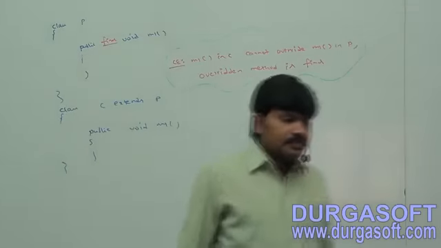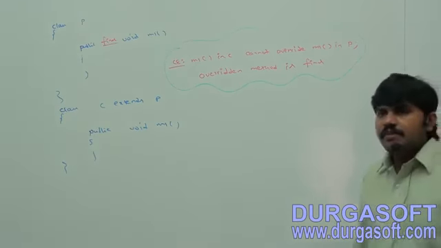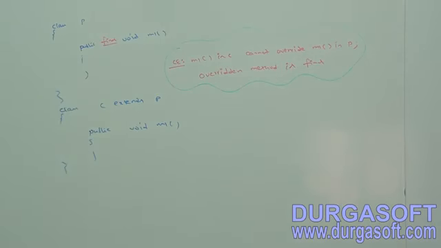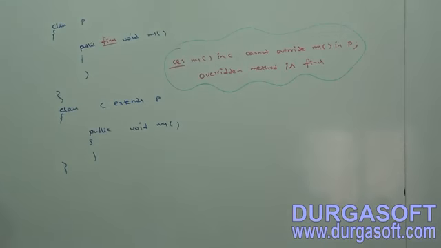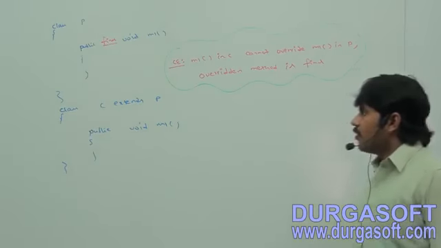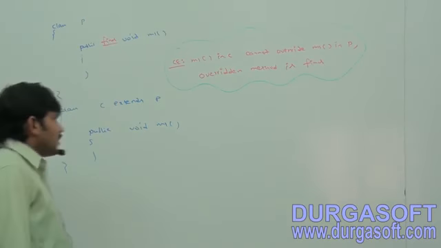M1 in C cannot override M1 in P. Overridden method is final. So a final method we can't override in the child class, right?